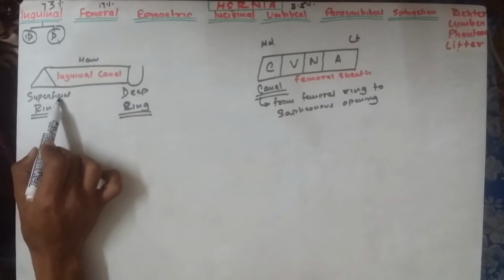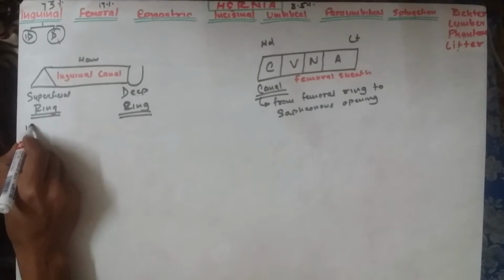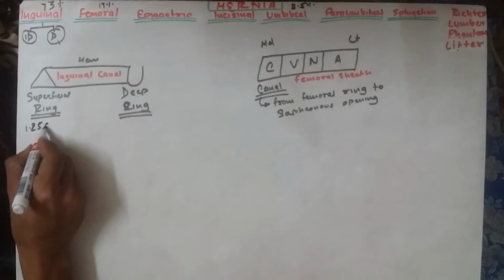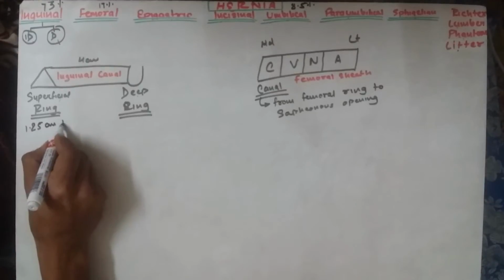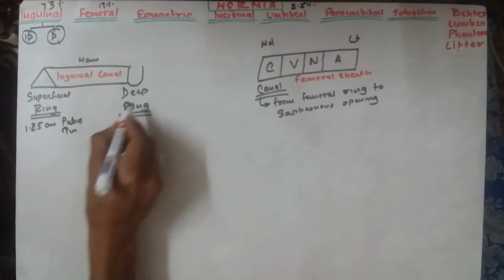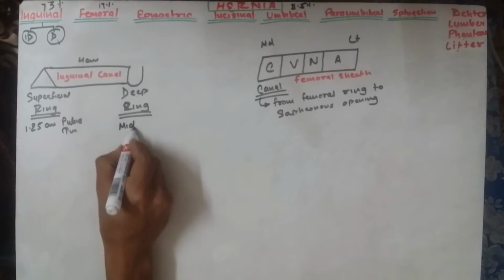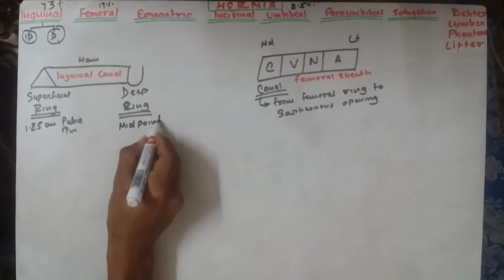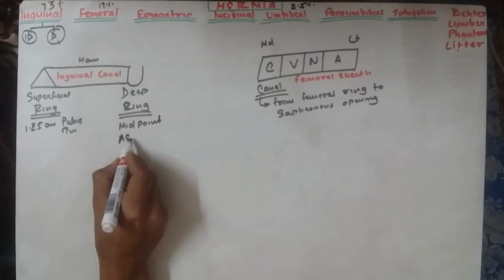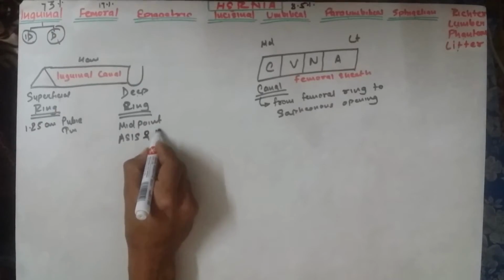The superficial inguinal ring is situated just 1.25 centimeter above the pubic tubercle, whereas the deep inguinal ring is present just at the midpoint of the anterior superior iliac spine and pubic symphysis.